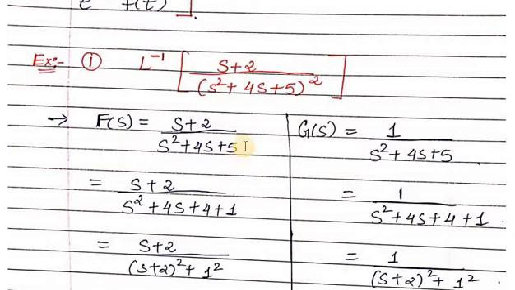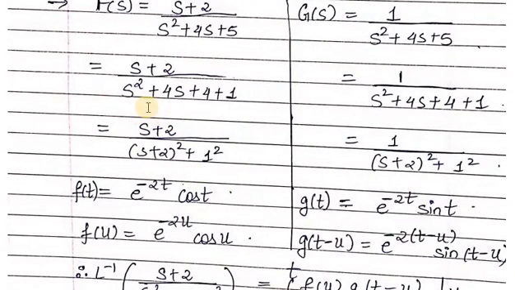So we will split this 5 as 4 plus 1. By doing so, this will become the perfect square of s plus 2. So in the numerator we have s plus 2, and in the denominator we have s plus 2 the whole square plus 1. Now we will find the inverse Laplace of this function with the help of the first shifting theorem.